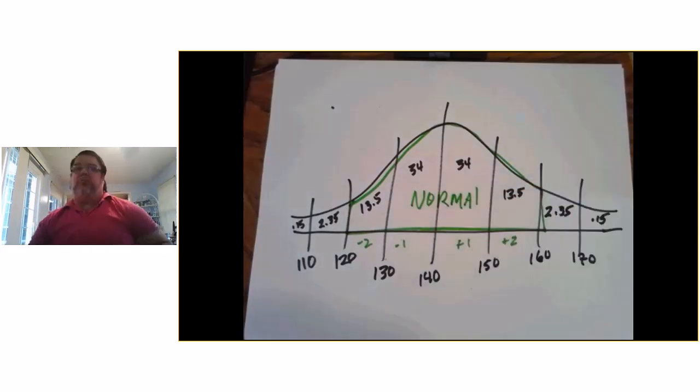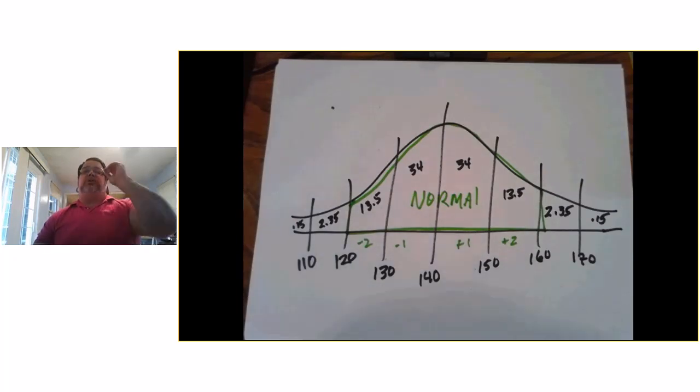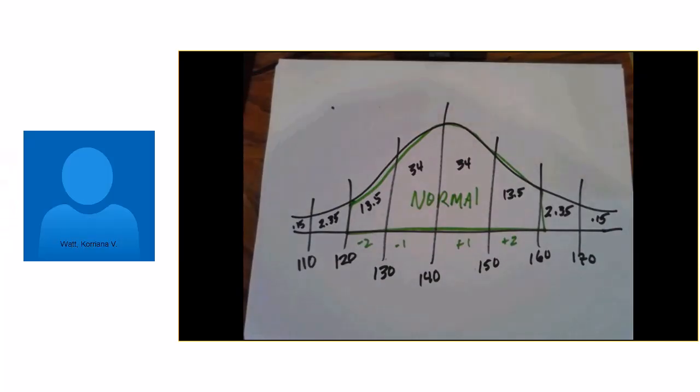Uh-oh, Miss Watt left. Let's see if I can call her back in. What was her first name? Karina. There she is. She came back. What happened, Miss Watt? Did you get kicked out? It said the call was reconnecting.